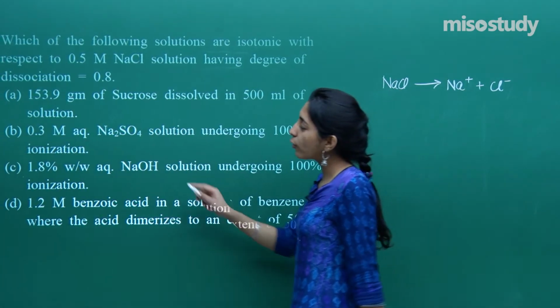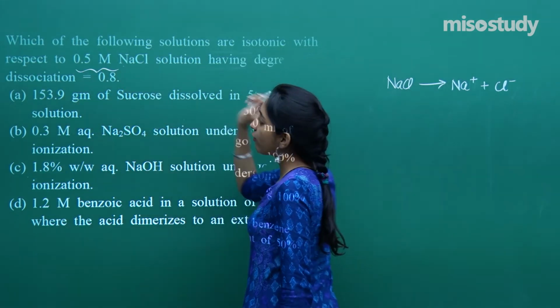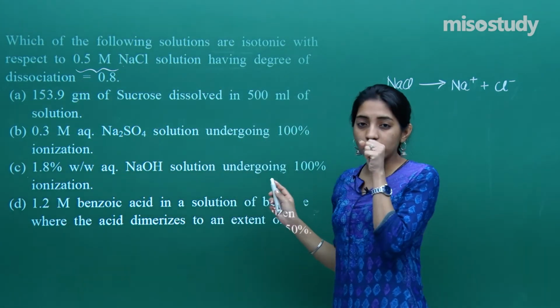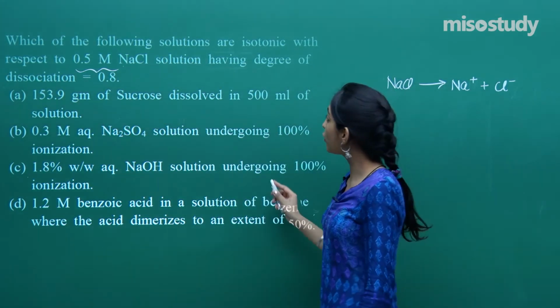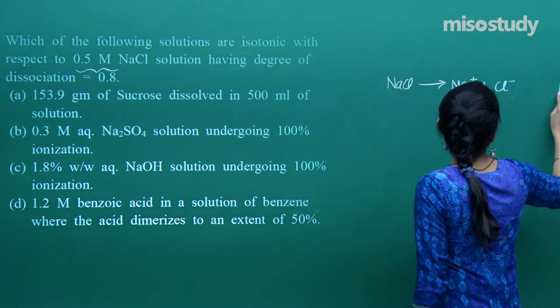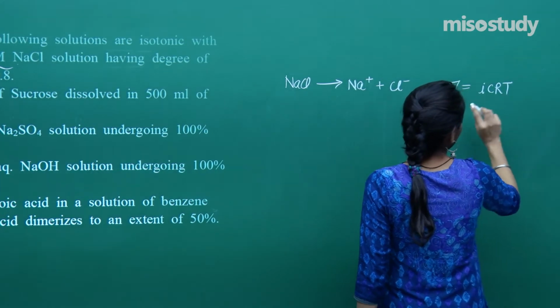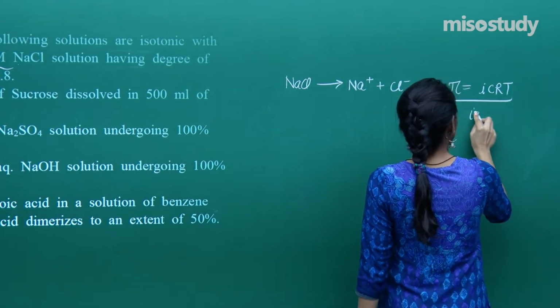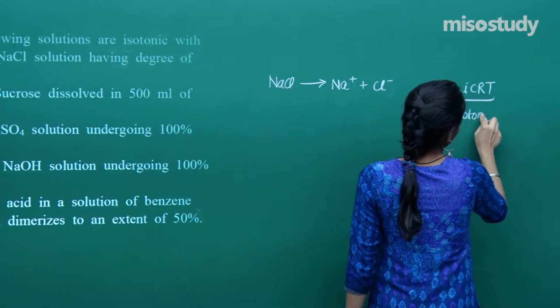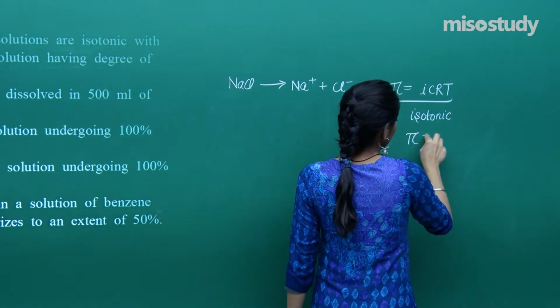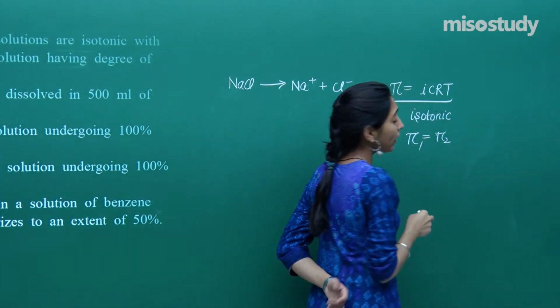So see, how will I do this? My main aim is to calculate, we know that pi is equal to i into C into R into T. Since I am talking about isotonic, I need to make sure that pi 1 should be equal to pi 2.